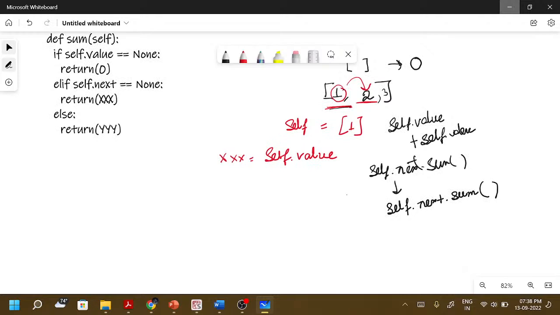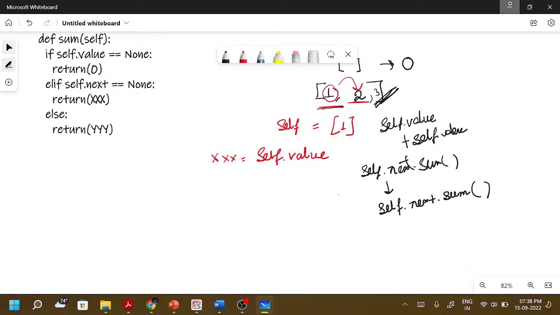When you call self.next.sum and it is at 3, it will see that after 3 there is nothing, so it will return self.value, that is 3. Then self.next of 2 will return self.value 2, then again it will return 1. Sum is a recursive call: self.value plus self.next.value plus self.next.sum.